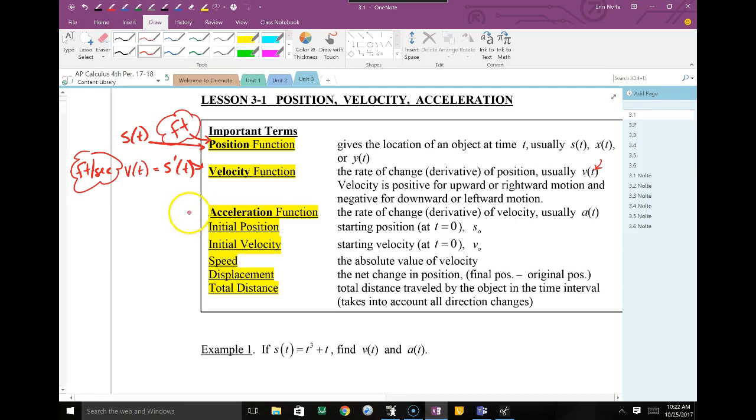To find acceleration, you take the derivative of the velocity function. So our acceleration function is equal to the derivative of the velocity, or one might say it's the second derivative of the position function.